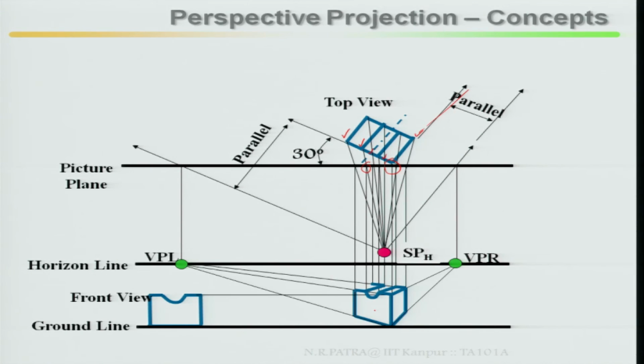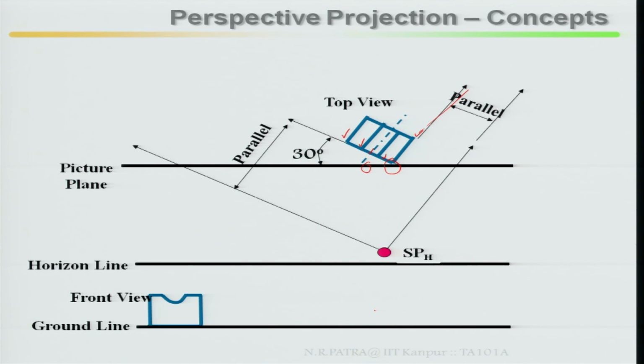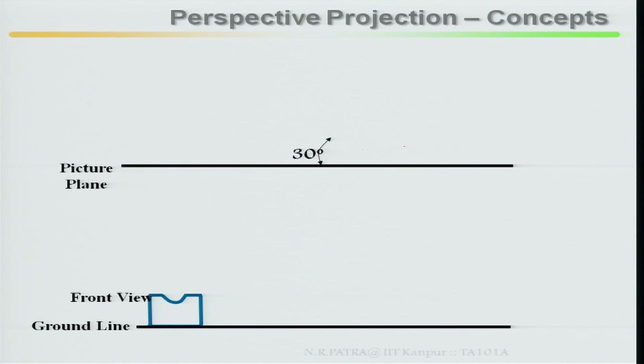Once again I am repeating, because these are the steps; if you understand them very well, I do not think there will be any problem in drawing, particularly perspective views. So this is the problem given.